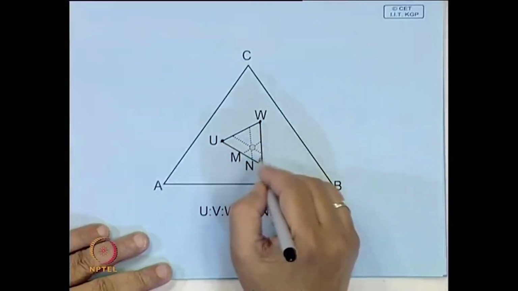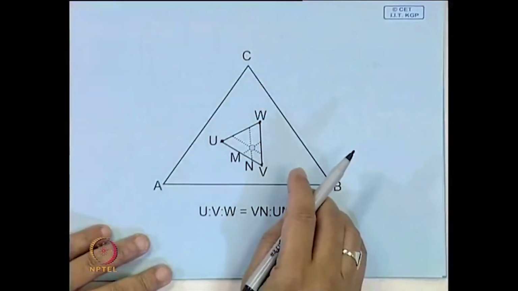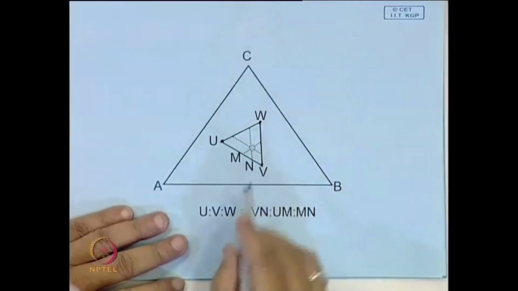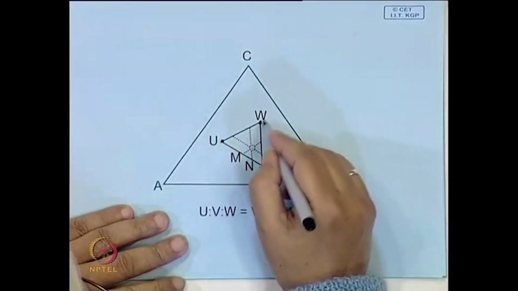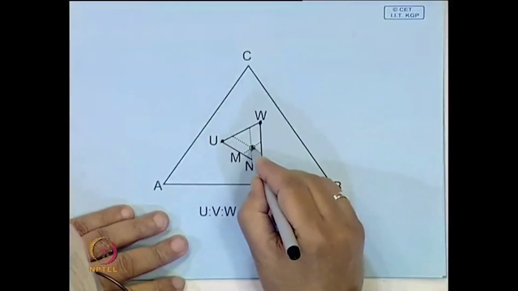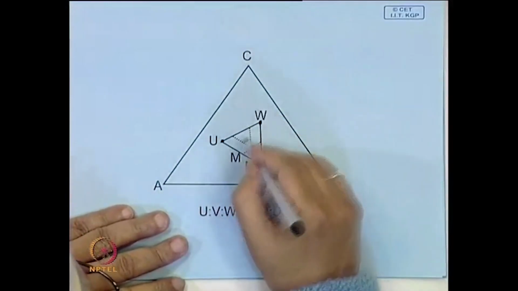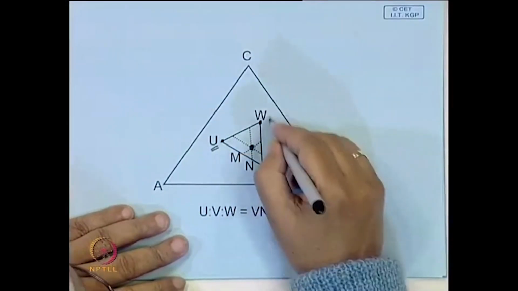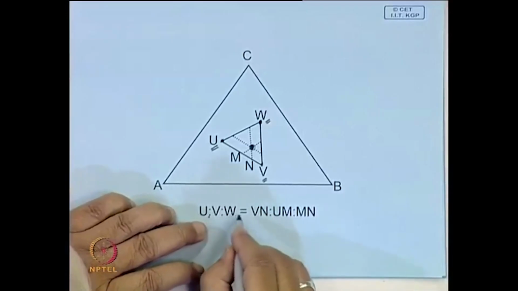How do you do it? Here also the principle will be exactly similar to that of the composition triangle concept that we have seen, which is shown over here. Suppose this is U V W, and you have an alloy of this composition. What will be the percentage of the phases U V W? They will be present in this ratio U V W.